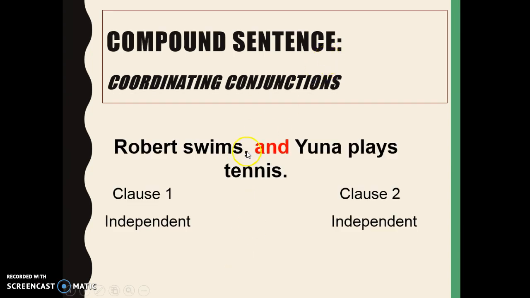Okay. So, Robert swims and Yuna plays tennis. Where is the first independent clause? Robert swims. Another one, Yuna plays tennis.